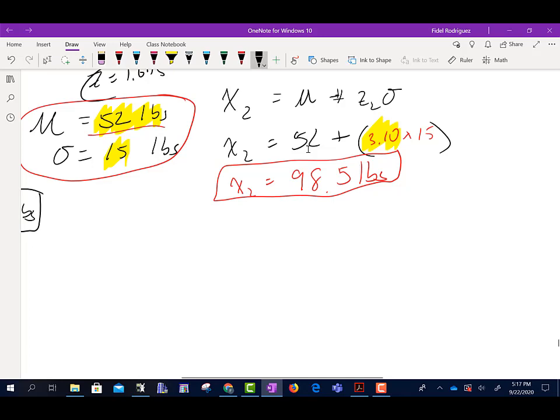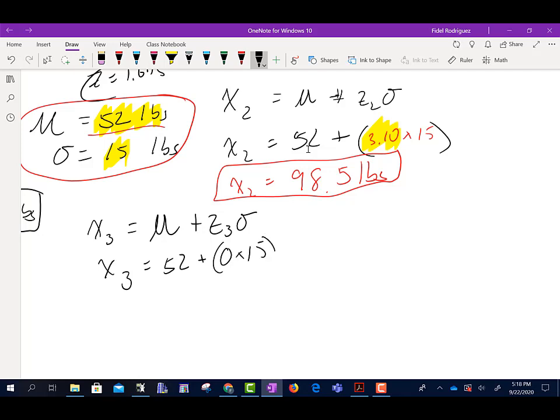And then we had a third one, x3, which would be equal to mu plus my third z-value times sigma. And I'm pretty sure that our z-value here was 0 times 15. Well, 0 times 15 is 0, plus 52 is 52.